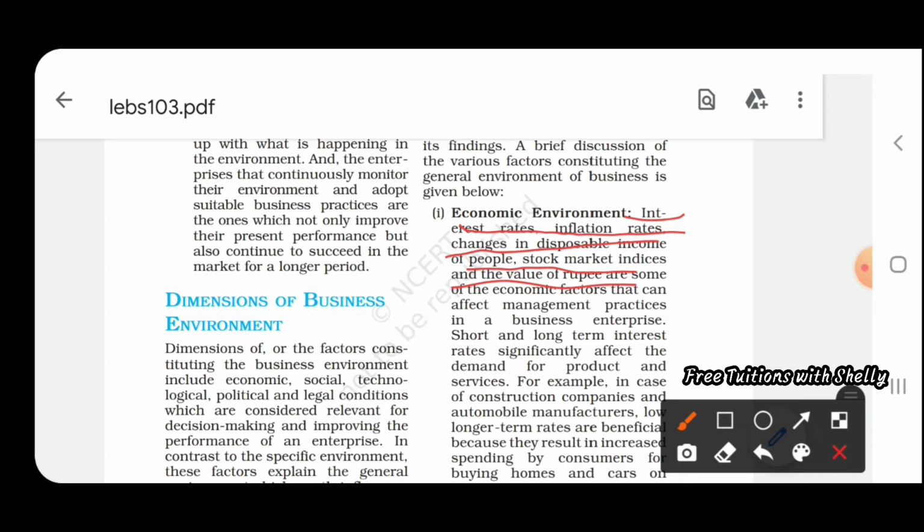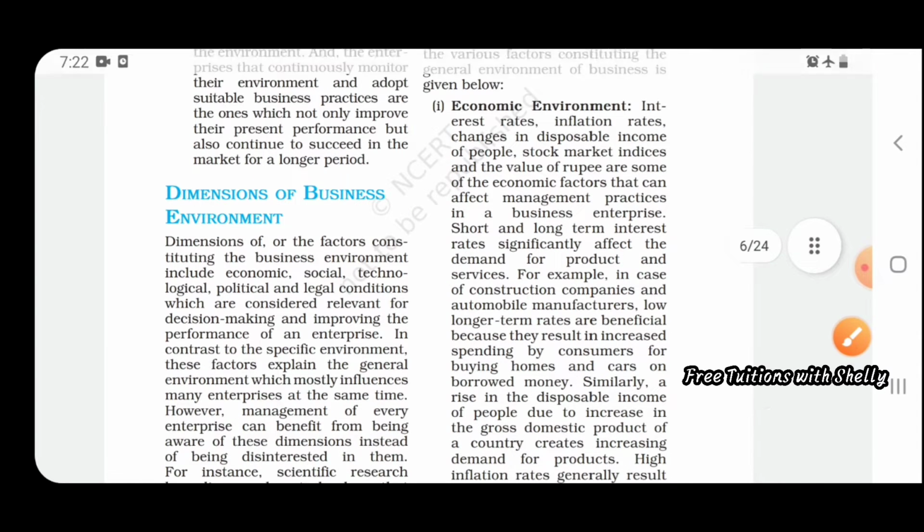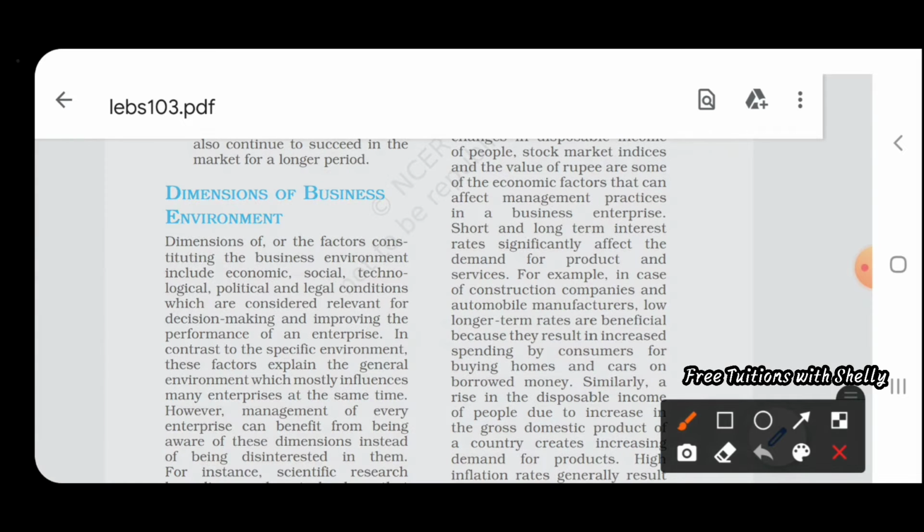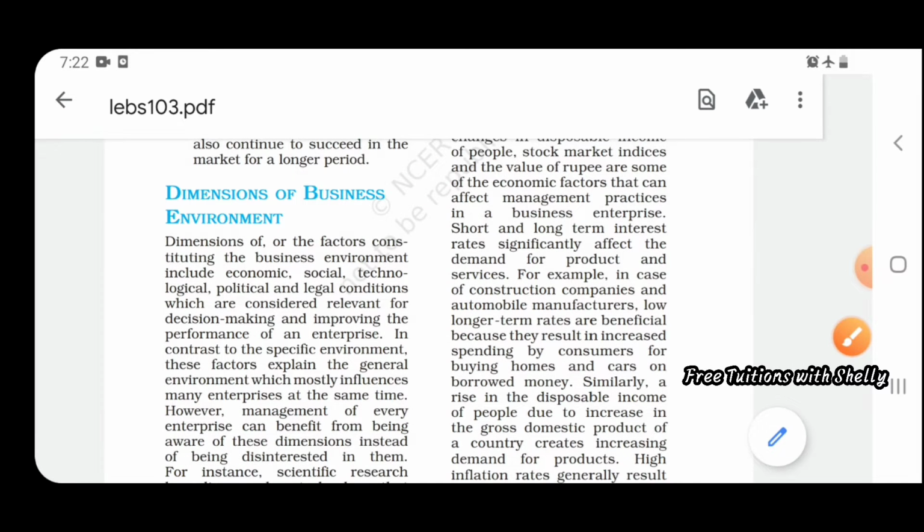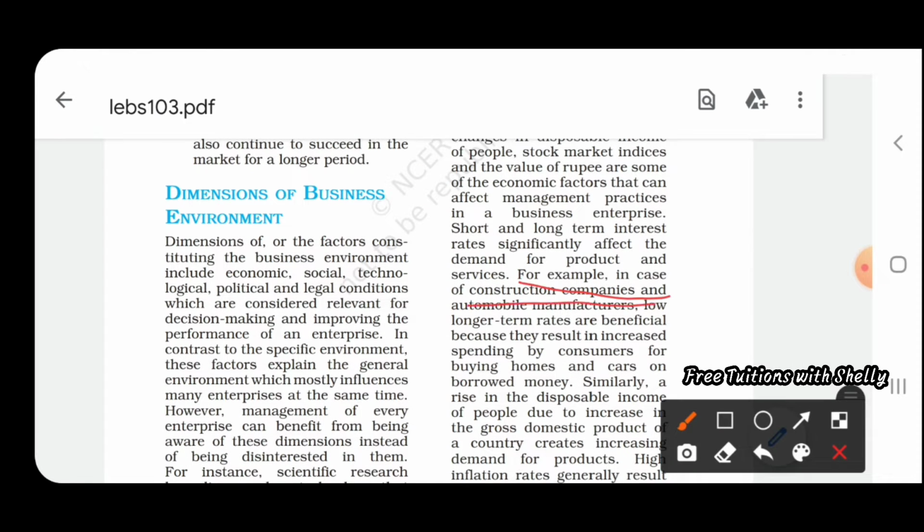of the business organization. For example, in case of construction companies and automobile manufacturers, lower term rates are beneficial because they result in increased spending by consumers for buying homes and cars on borrowed money.